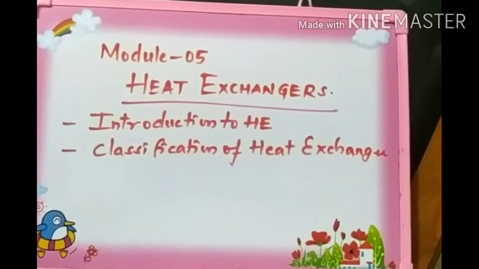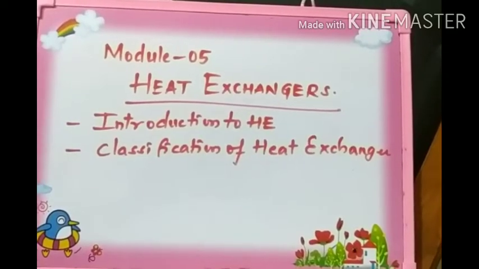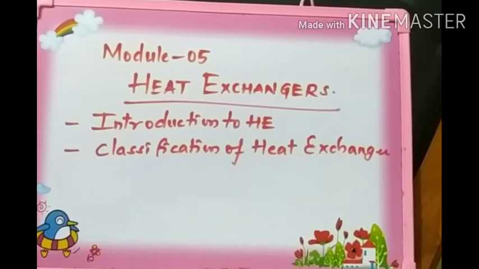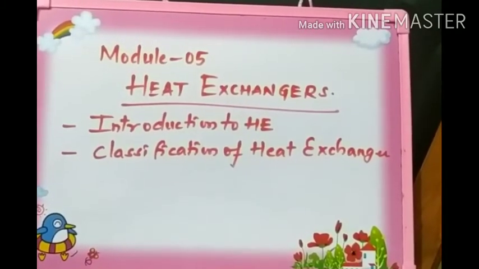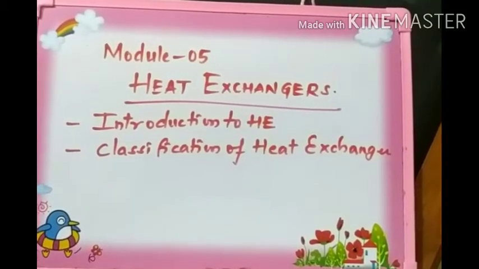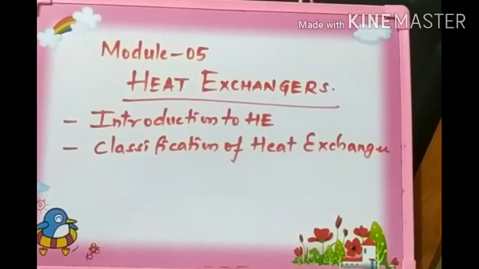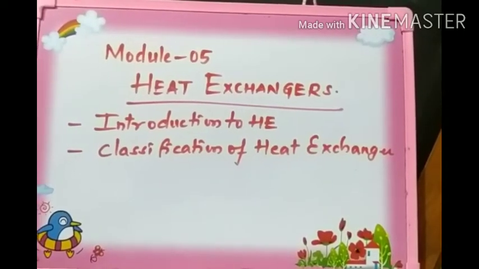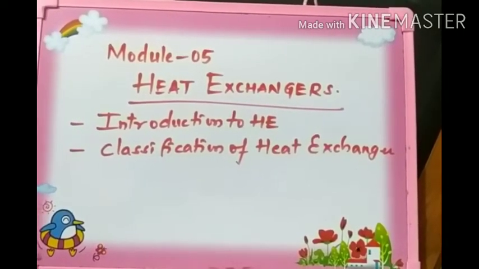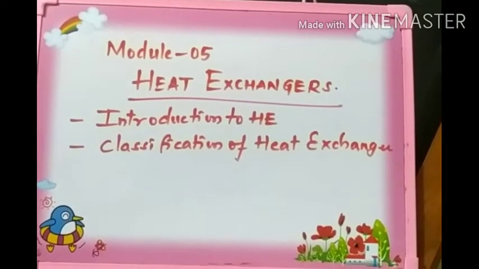It is a natural phenomenon that keeps occurring always. So the devices where this heat exchange occurs are generally termed heat exchangers. I hope these examples are clear to understand what exactly a heat exchanger is.